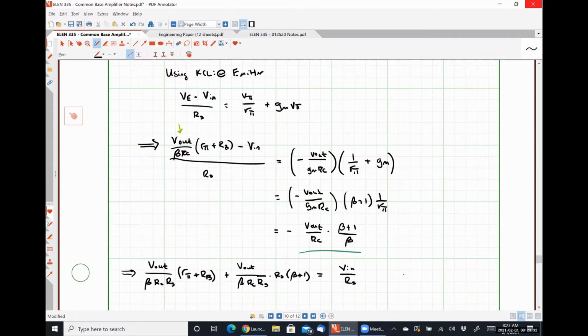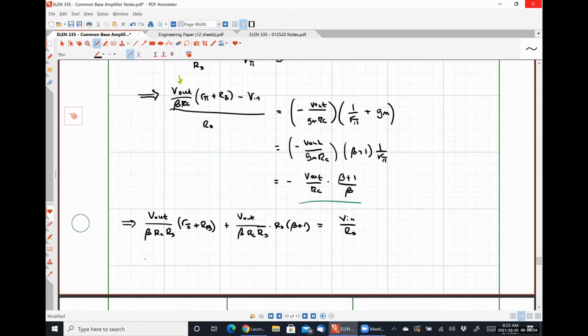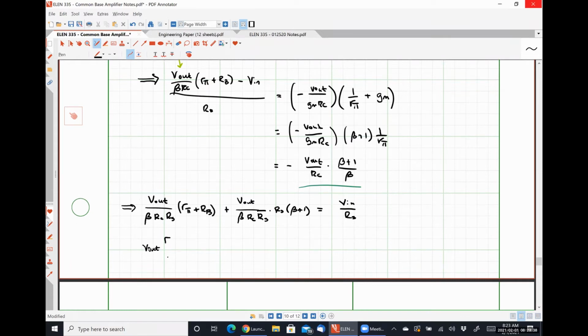And so that leaves me with V out is R pi plus RB plus RS times beta plus 1, all divided by beta RC is equal to Vn.